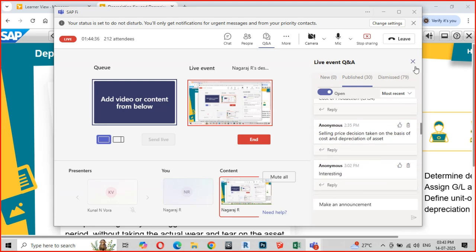But see, most of the explanations as far as asset accounting, I'm keeping it as low as possible because I do not want to stuff in all the information as of now.